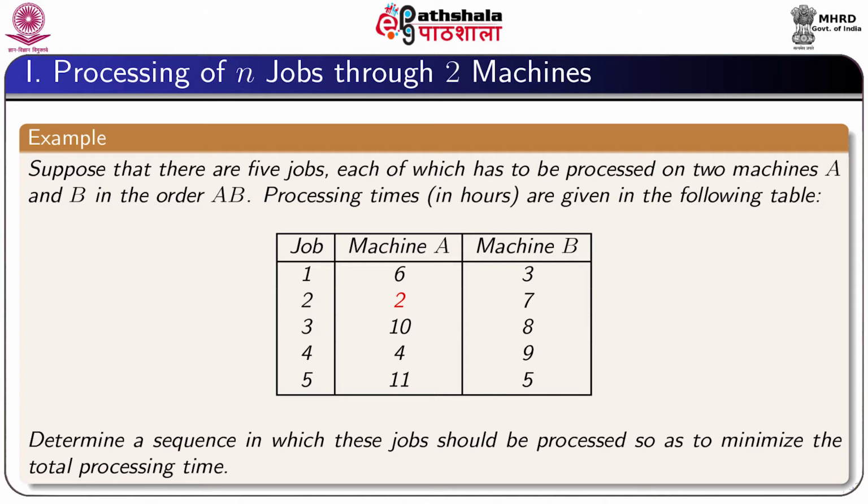Now, we will take an example to show how Johnson's algorithm can be applied to solve a type 1 job sequencing problem, that is, processing of n jobs through two machines. Suppose that there are 5 jobs, job 1, 2, 3, 4 and 5, each of which has to be processed on two machines A and B in the order AB. Processing times in hours are given in the following table.